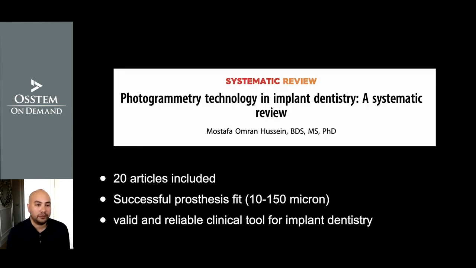A systematic review that assessed more than 20 articles suggested that the final prosthesis can have a successful fit with 10 to 150 microns of precision, and that this tool is a valid and reliable clinical tool for implant dentistry.